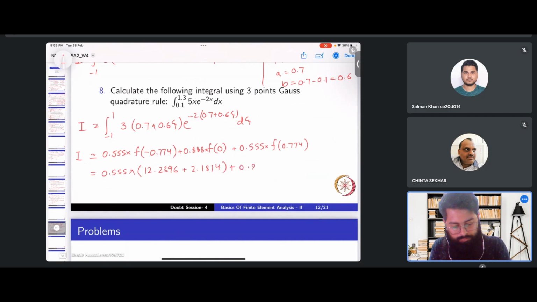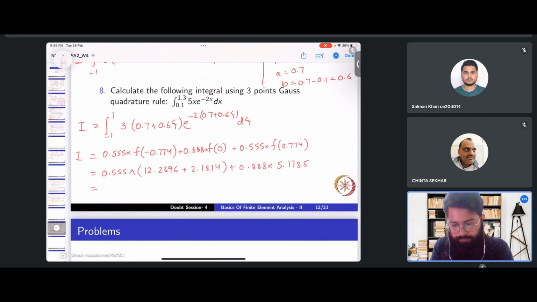And now the function value f at zeta equals 0: we place the value as 0, and we get 5.1785.